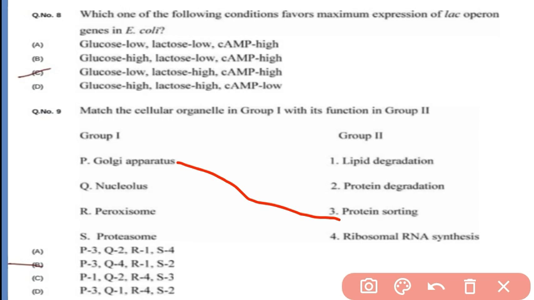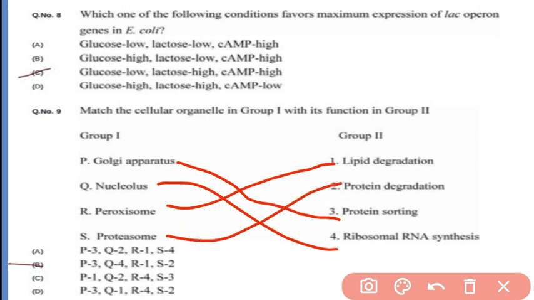The nucleolus has a role in ribosomal RNA synthesis. In peroxisomes, lipids are degraded, and in the proteasome, proteins are degraded by the ubiquitination process. So this combination is in option B. Option B is the answer to this question.